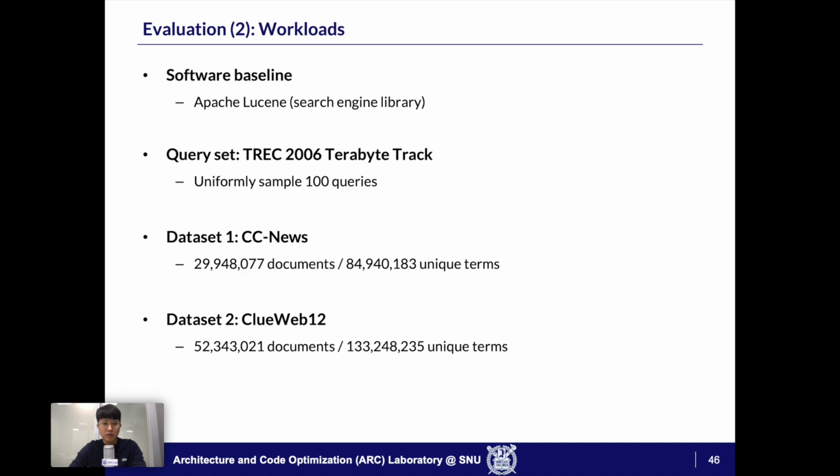To evaluate the effectiveness of 2U, we use Lucene, which is a popular open source search engine library, and we uniformly sample 100 queries from the TREC 2006 Terabyte Track. We use two datasets. One is the CC News dataset, and the other is the ClueWeb12 dataset.